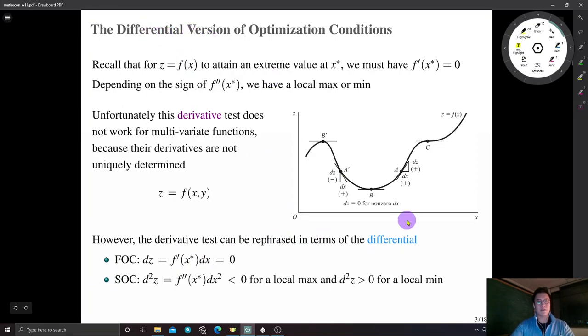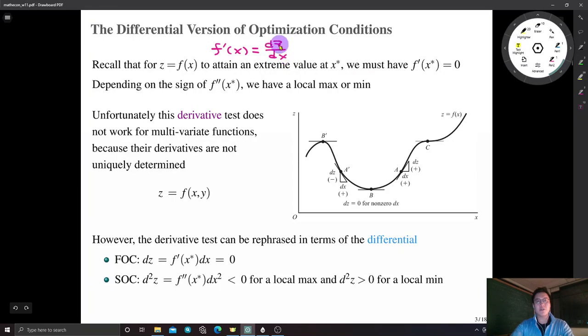But that is a piece of cake because there is a close relationship between derivative and differential. If you think about the derivative, it can be written as dz over dx. If we call the output z, then the derivative is going to be the ratio of the two differentials.